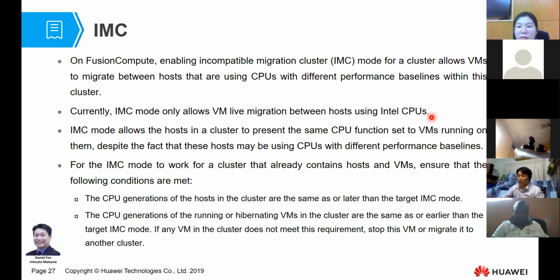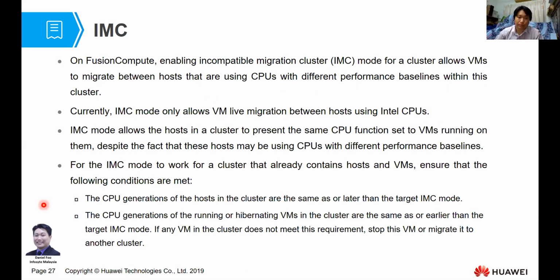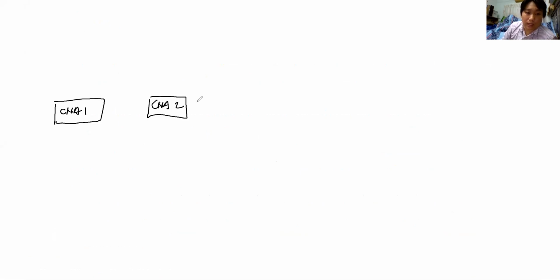So over here, let's look into the diagram, for example. You have CNA 1, then CNA 2. This one is running maybe an i7 10th gen CPU, and this one is also an i7 10th gen CPU.